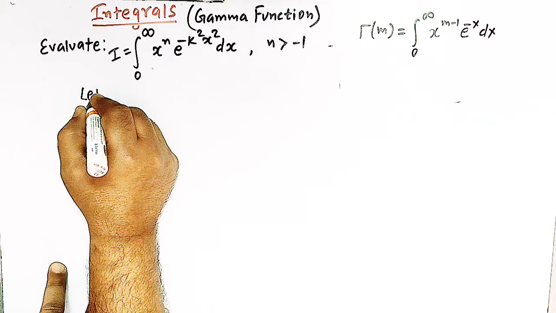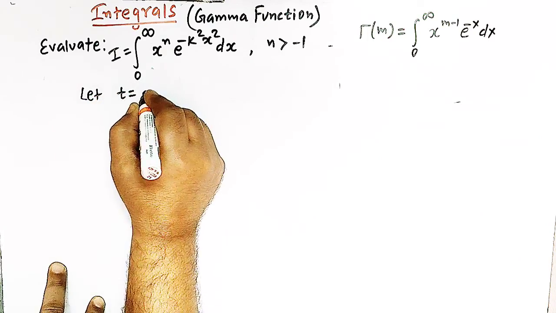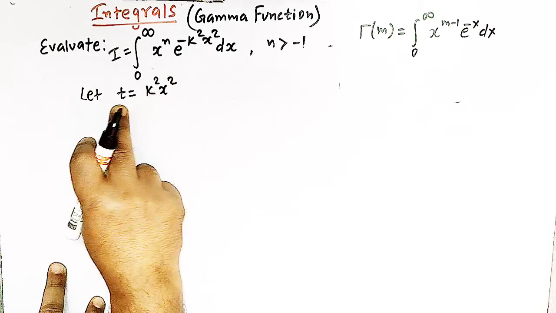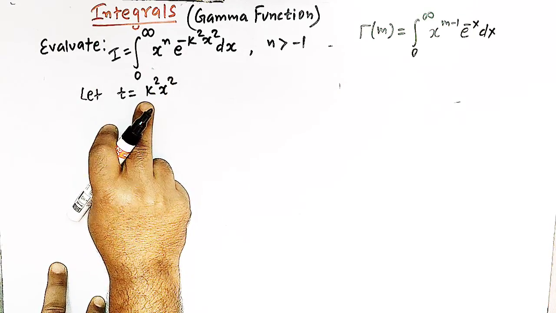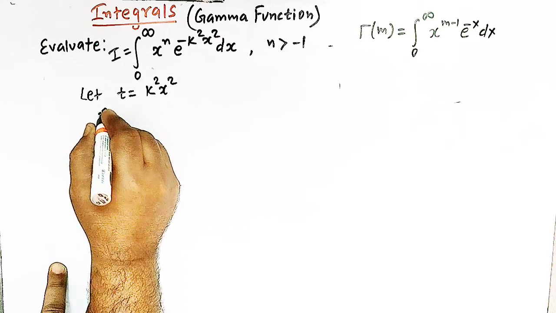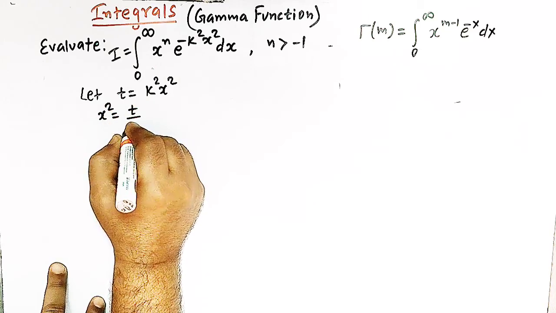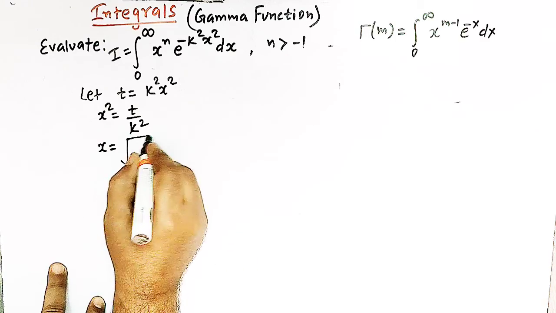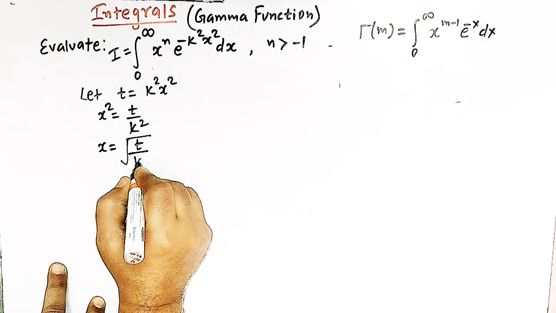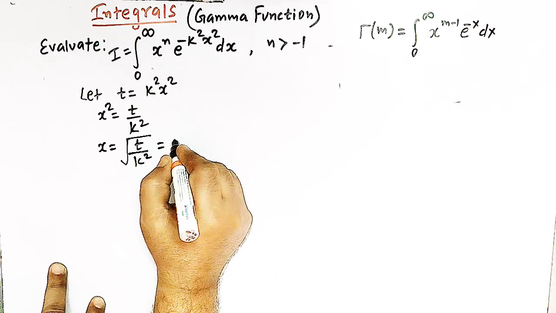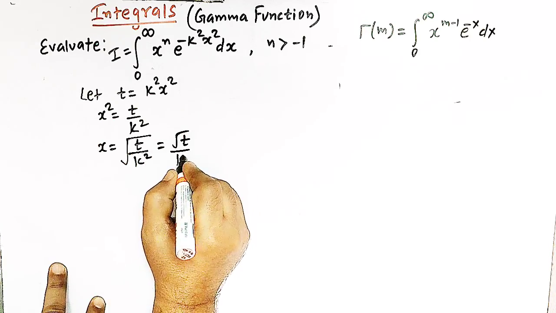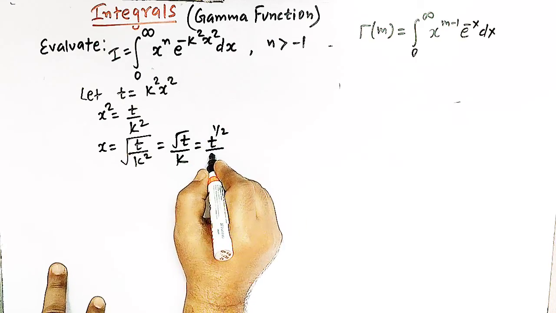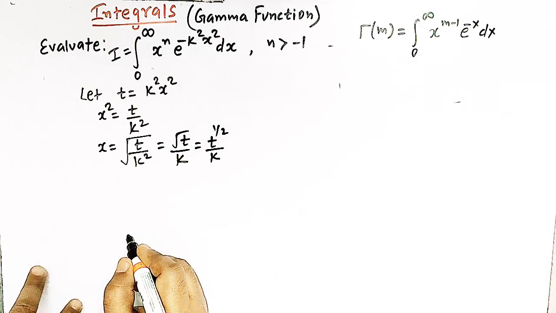Here first we'll apply the method of substitution. So let us take t is equal to k square x square. So we'll make this substitution, that is t is equal to k square x square, so that x square is equal to t over k square, and x can be written as square root of t over k square, that is equal to square root of t over k, and we can also write it as t raised to half over k, right?